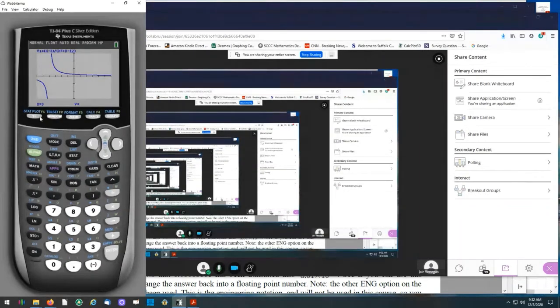Another option over here is you can actually go and look at your table and do a table set. You can start the table, say, in this case, I'll start it at 0, and I'll go in increments of 1. Delta table, that's 1.